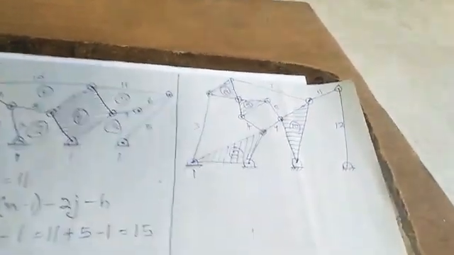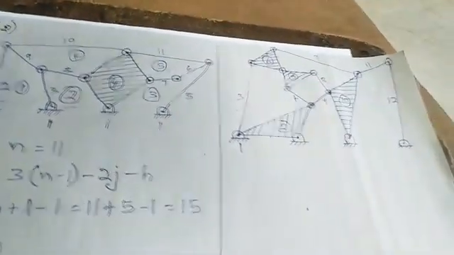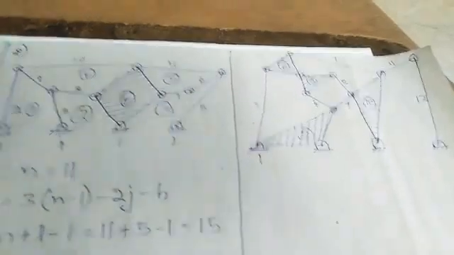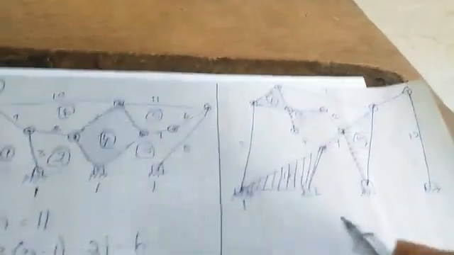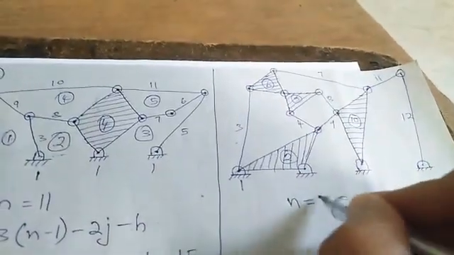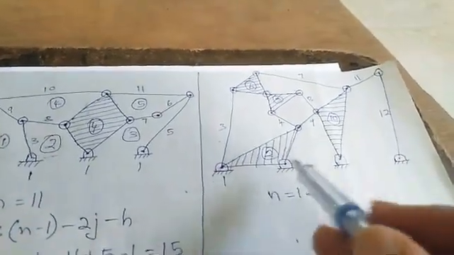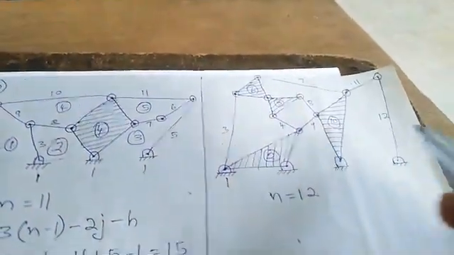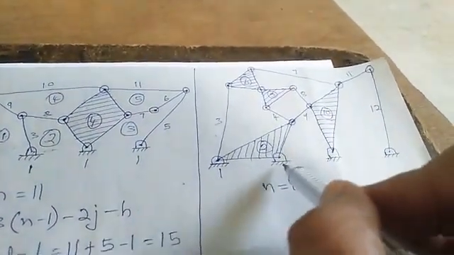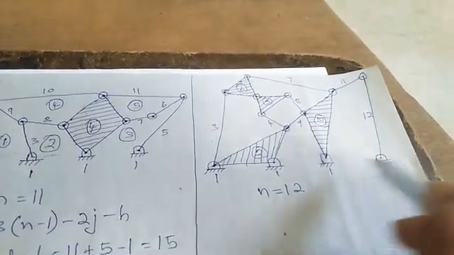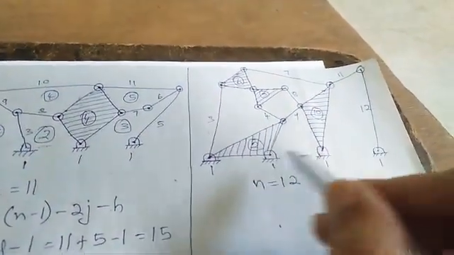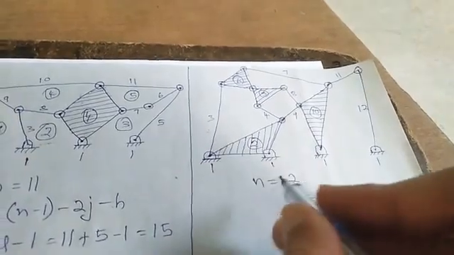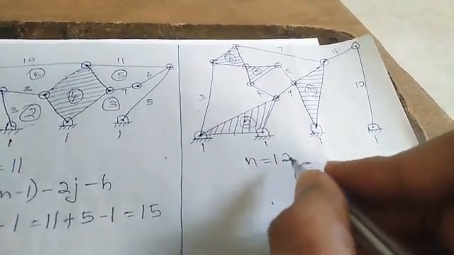So the number of links present in this problem is 12. We have given numbers to all the links. Here the hinges will be link 1 only. So there are 4 hinges here, and all of them constitute link 1 only. So the total number of links is 12 here.